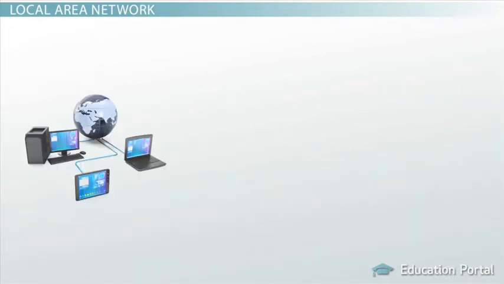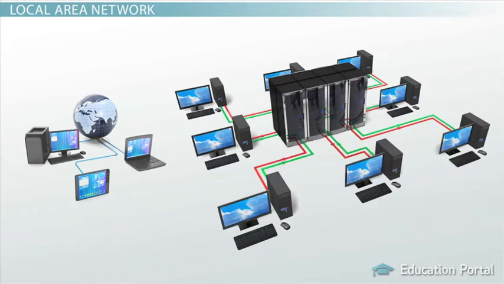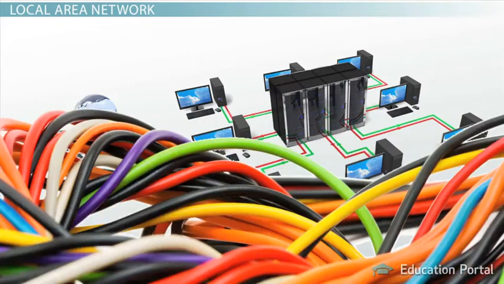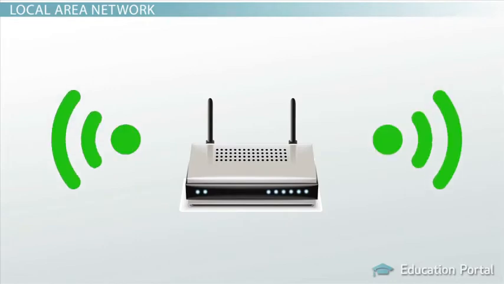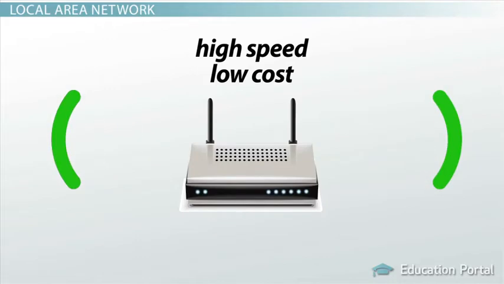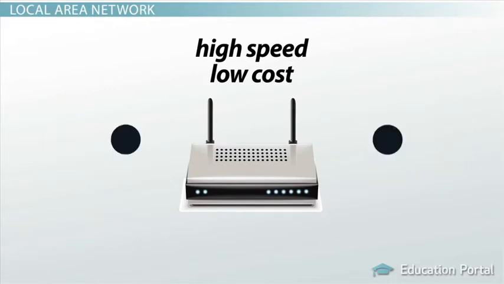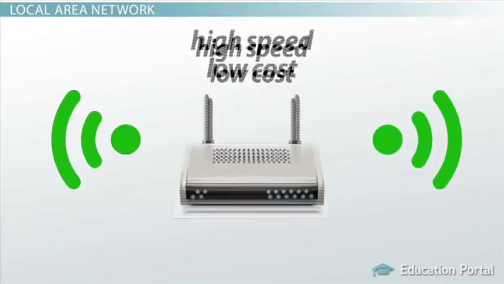The smallest LAN may only use 2 computers, while larger LANs can accommodate thousands of computers. A LAN typically relies mostly on wired connections for increased speed and security, but wireless connections can also be part of a LAN. High speed and relatively low cost are the defining characteristics of LANs.